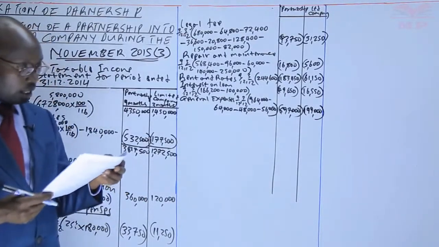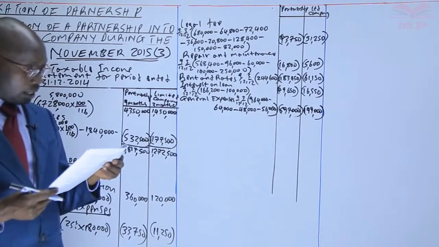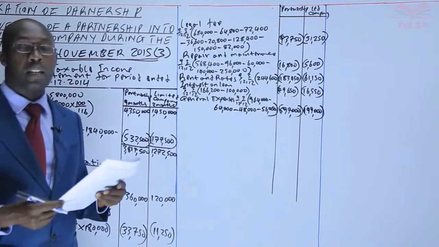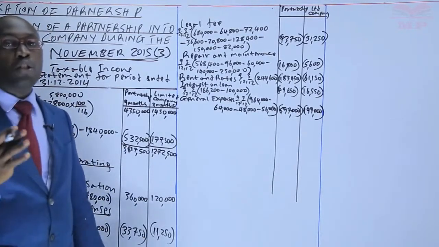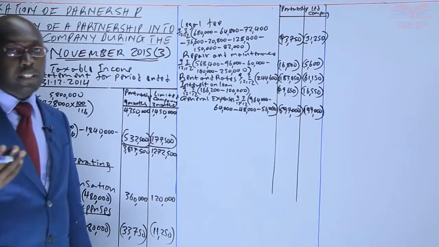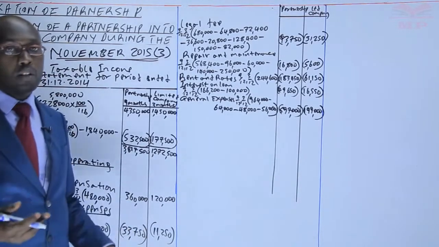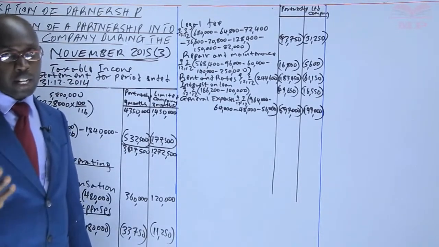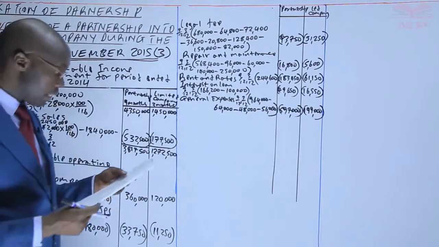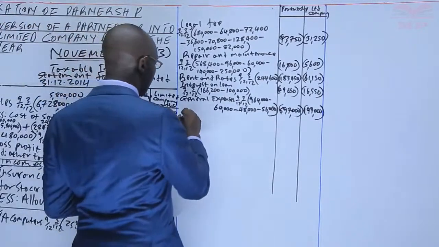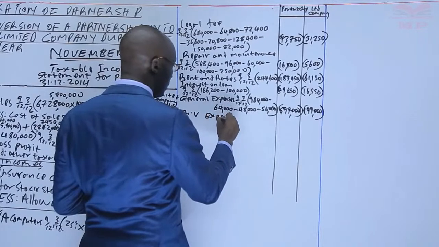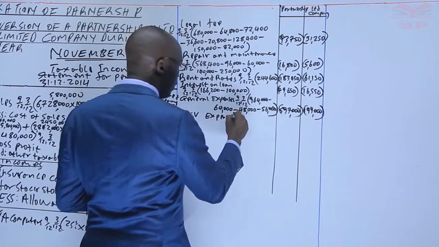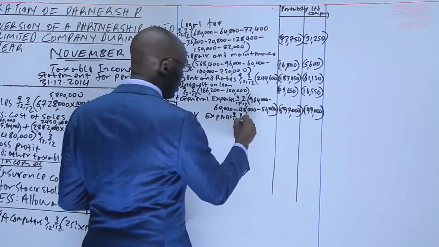After that, there is the motor vehicle expenses. Motor vehicle expenses are allowable. Remember, we say that is not the motor vehicle cost. That's not a fixed asset. It's the cost of running the motor vehicle, like repair, fuel, and all that. So that is an allowable expense. So motor vehicle expenses, which we have 9 over 12, 3 over 12.